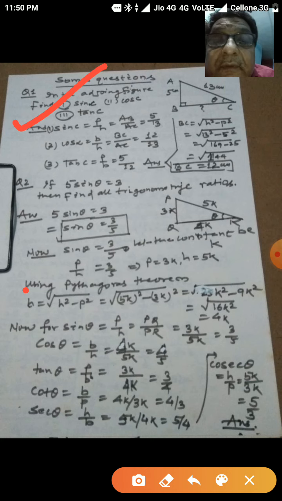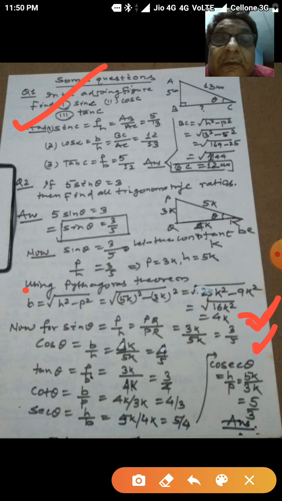Again we will find out the base, that is QR side, using the Pythagoras theorem. B equal to under root h square minus p square. So finally we get base equal to 4k. Now we can find all the ratios. Sin theta equal to P by H, so it is PQ by PR, which is equal to 3k by 5k, and cancelling k we have 3 by 5.